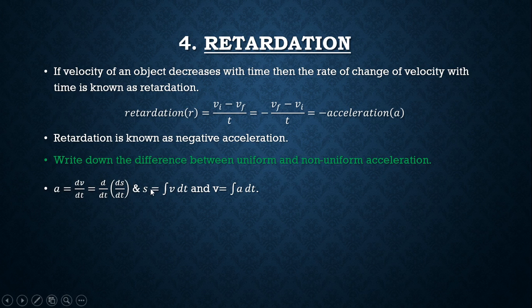And again we can say that if we integrate velocity with respect to time we will get displacement, and if we integrate acceleration with respect to time we will get velocity. In the next video we will discuss our left questions and mathematical problems, and then further we will proceed to the equations of 1D motion.